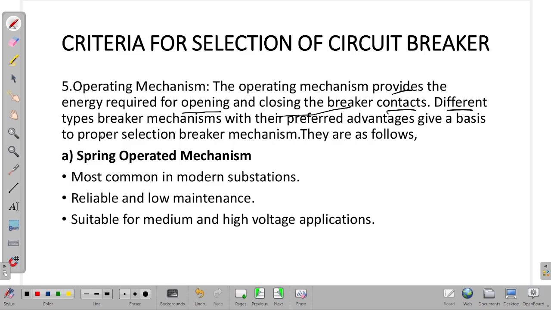Different types of breaker mechanisms, with their preferred advantages, give a basis for proper selection. First is the spring operated mechanism, which is the most common in modern substations. It is reliable, low maintenance, and suitable for medium and high voltage applications.